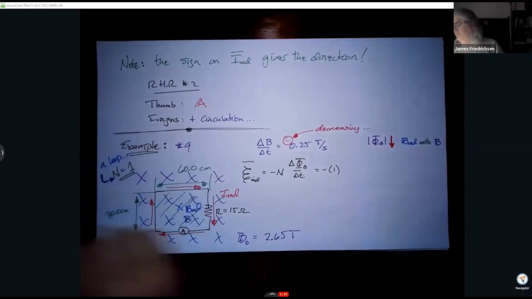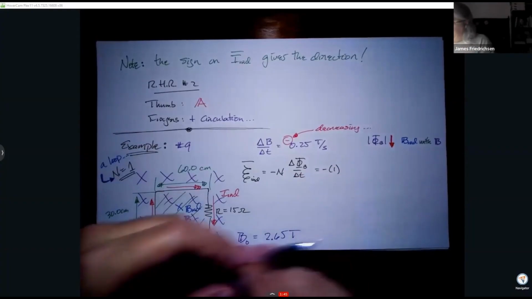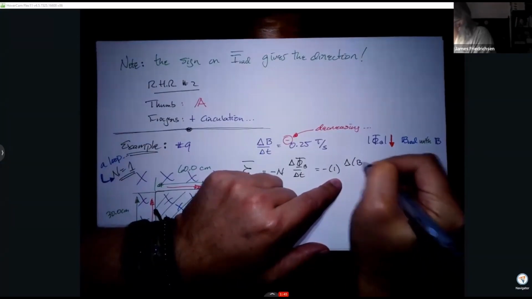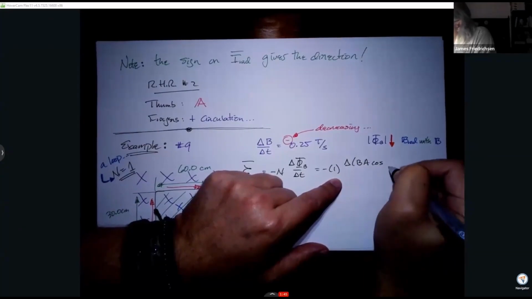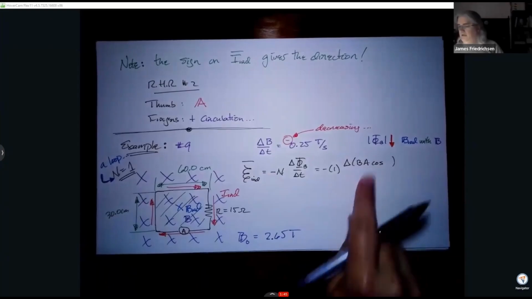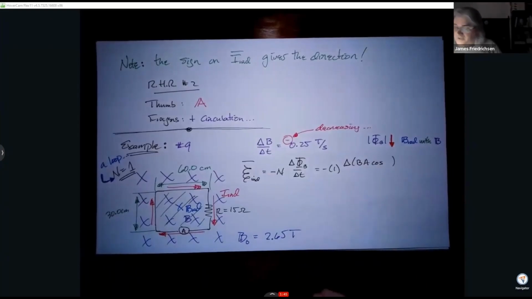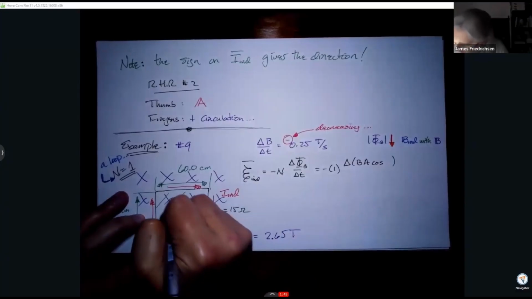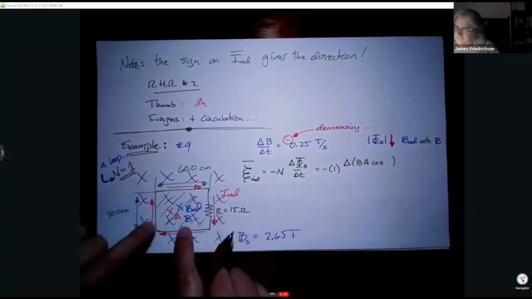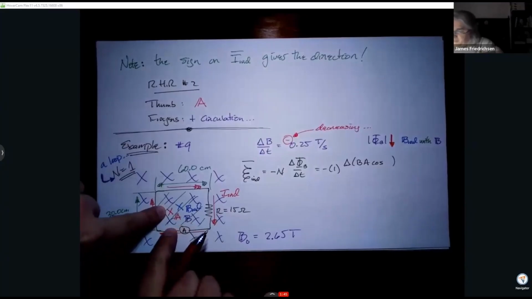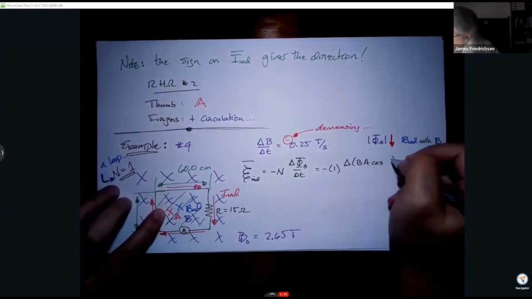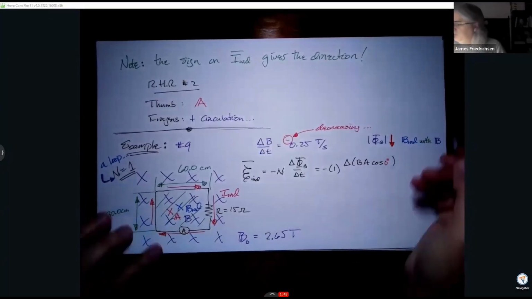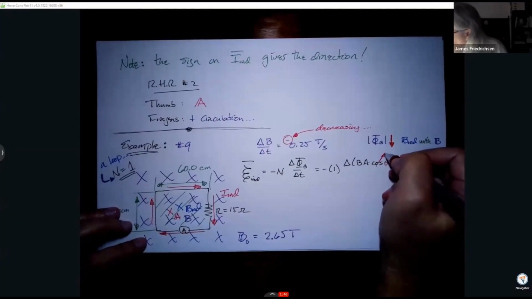It's a loop, so it's only one. And then what we're going to consider is the change in our B times A times the cosine of our angle. And so we're going to pick an area vector. Which way do you want our area vector to go? Is it going to go into the page or out of the page? What do y'all think? Okay, into. And since the A goes in and the purple B goes in, then our angle here is 0 degrees. Cosine of 0 is just +1, like so.